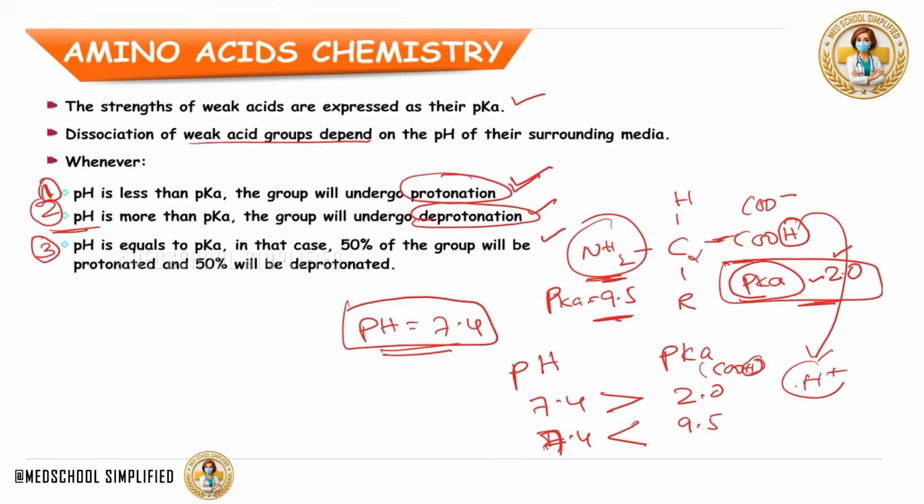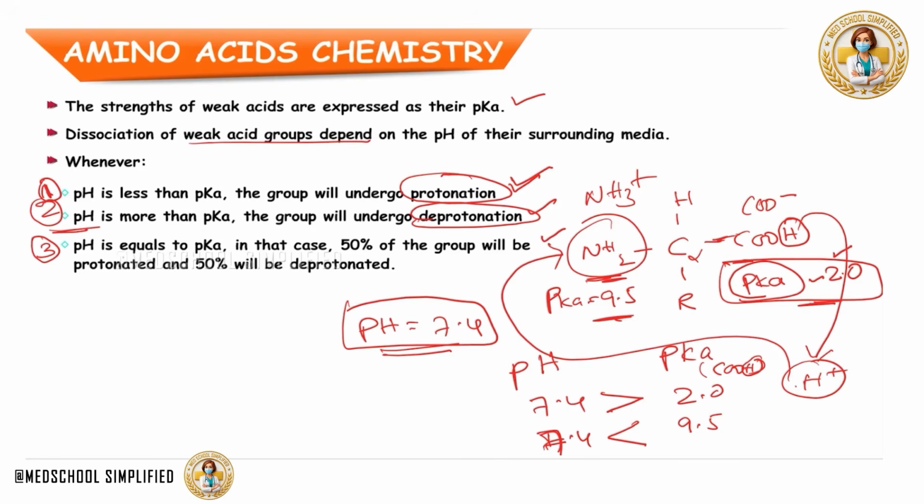The proton that is released into the solution can be used to protonate this NH2 and that becomes NH3 plus. So the primary amino group is protonated because its pKa is 9.5, pH is 7.4. Based on these statements we can understand whether the groups will undergo protonation and deprotonation.